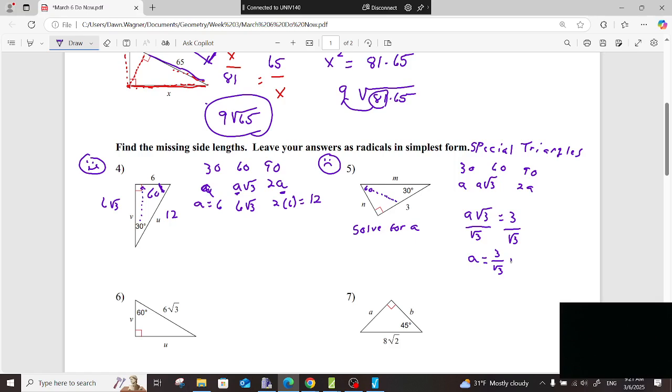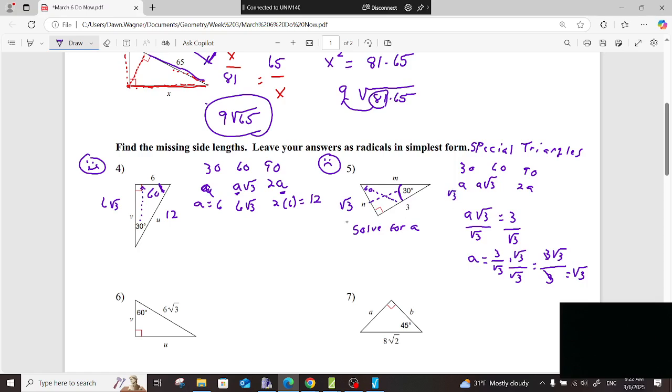So, what do I have to do? I have to multiply by square root of 3 over square root of 3. This becomes 3 square root 3. And then underneath here, this is just 3. What happens with these outside 3's? Yeah, what's 3 over 3? 1. This just reduces to a 1 or just square root 3 because 1 times square root 3 is square root 3. So across from A, across from the 30, this side here is square root 3.